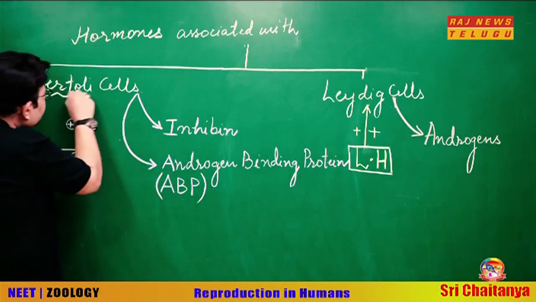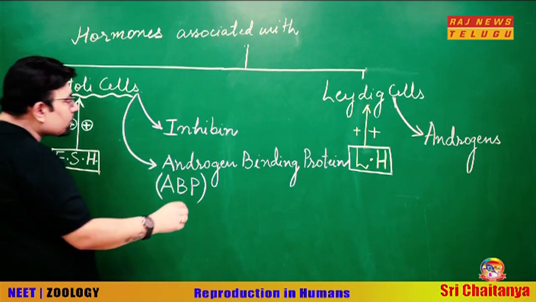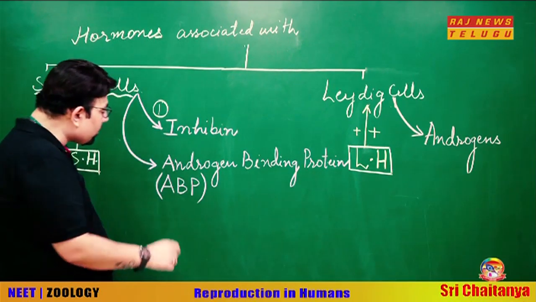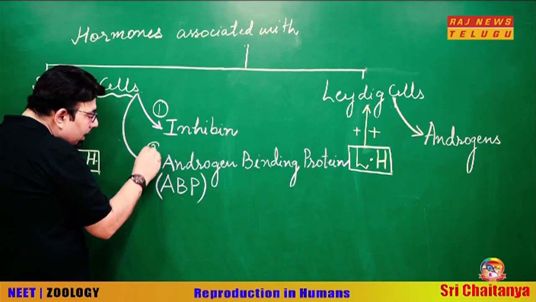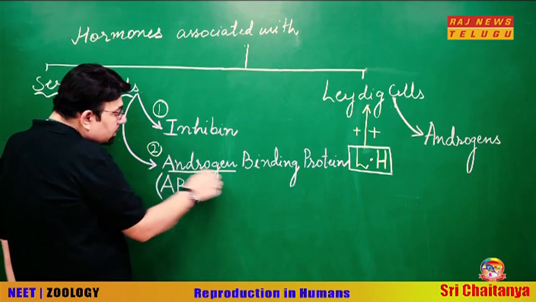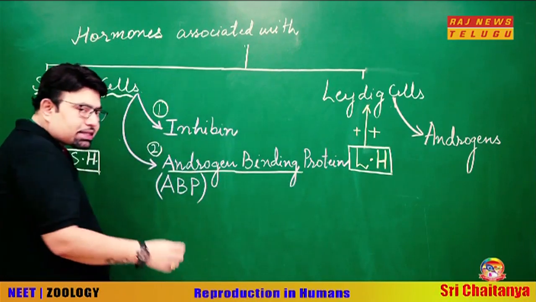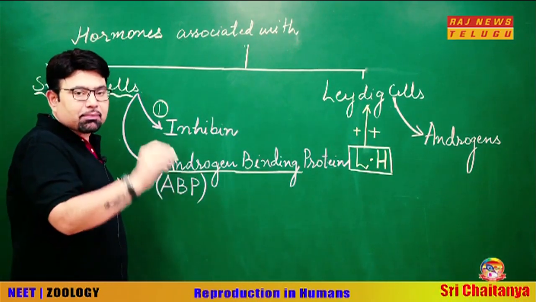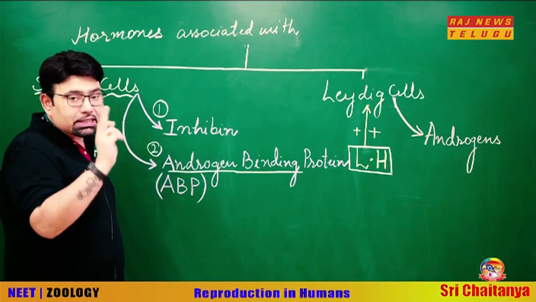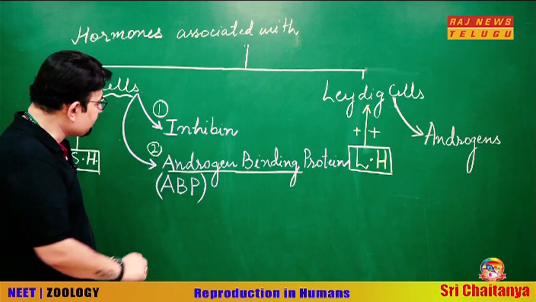And in return, Sertoli cells produce two hormones. One is inhibin, a proteinaceous hormone, and another protein called androgen binding protein. As the name indicates, androgen binding protein concentrates testosterone inside the seminiferous tubule.